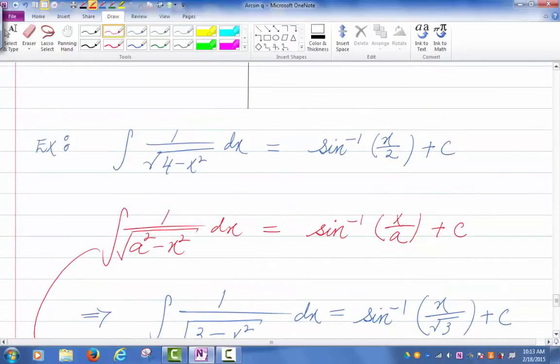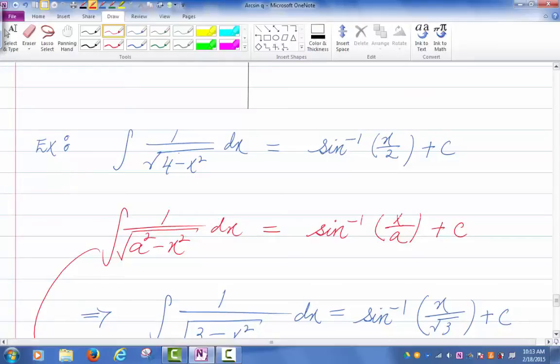I can always assume a is positive because numbers like 4 are positive. So you have to have a positive number there. Am I making sense? If you had a negative 4, then you couldn't do what we did. You have to do something else.